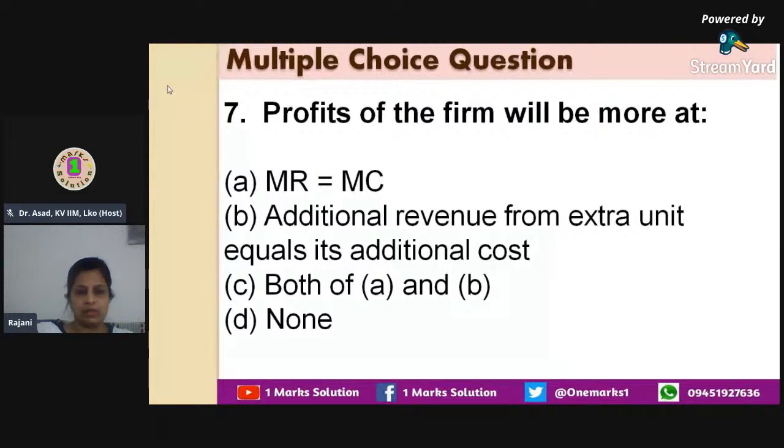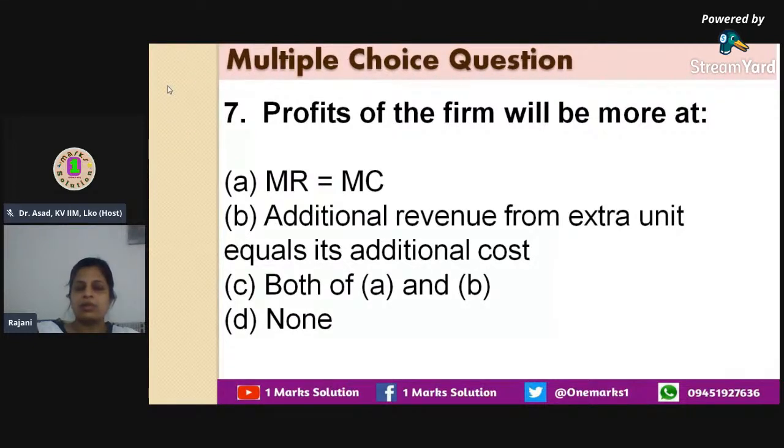Profit is TR minus TC. The question asks at what point there is more chance of profit. The first option is MR equals MC, and the next option is additional revenue from an extra unit equals its additional cost. It is the same option, given in a different way.